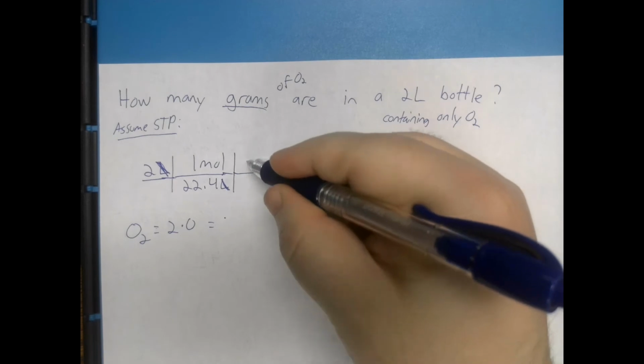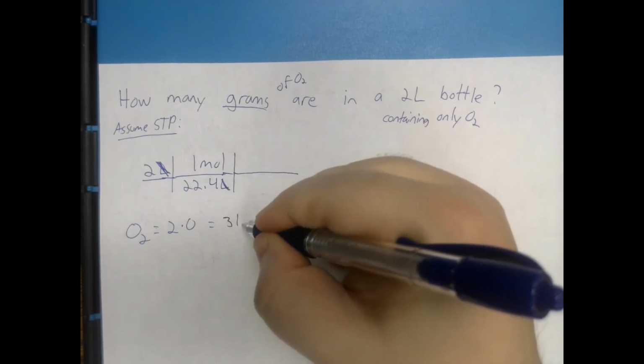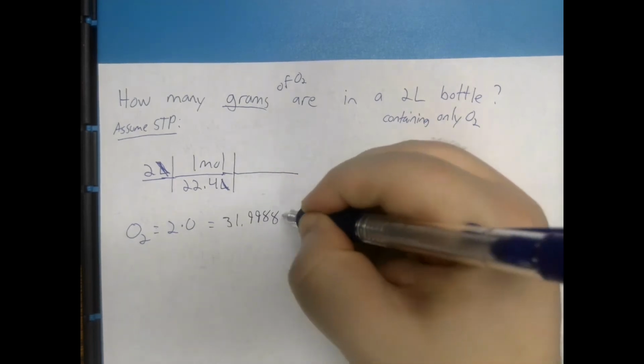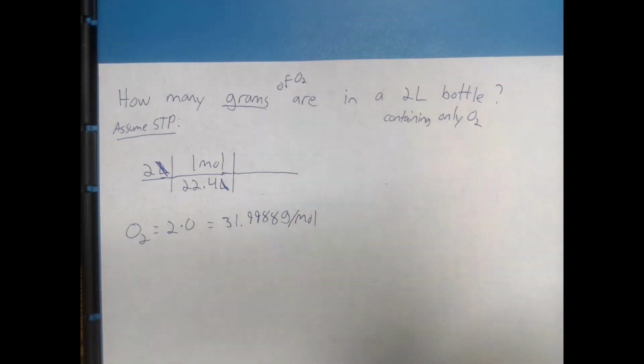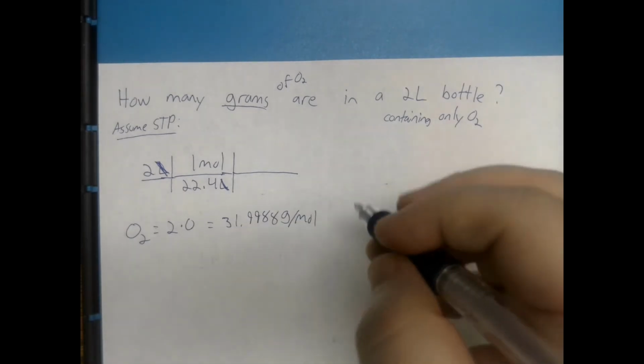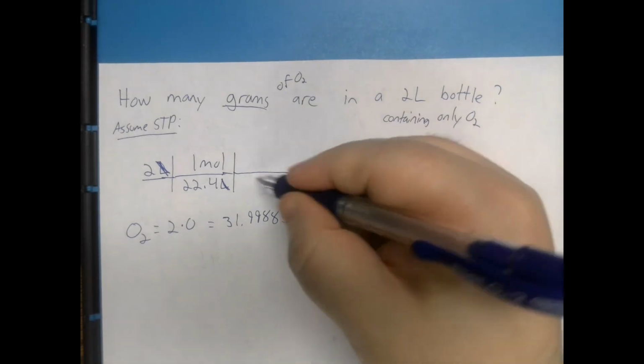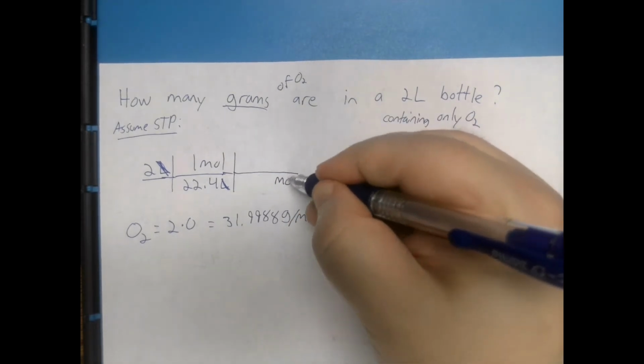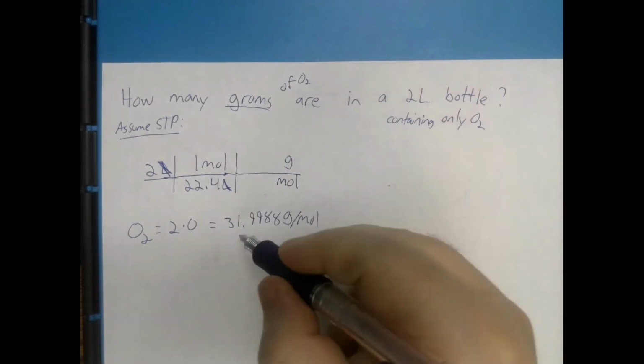So it is 31.9988 grams per mole. Oxygen is going to be something you'll memorize. So yeah, we want moles to cancel out, so we put mole here, gram here.